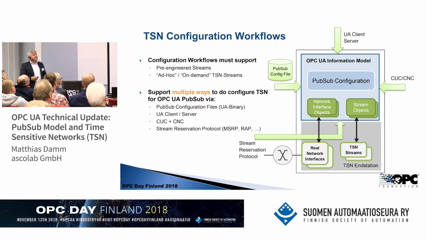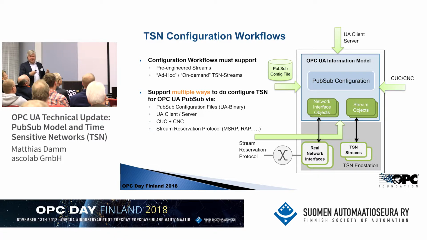We have a standard OPC UA binary encoded format for the configuration. You can also use the client server model, also for the pre-engineered case. You can download the configuration through the standard OPC UA PubSub configuration information model.